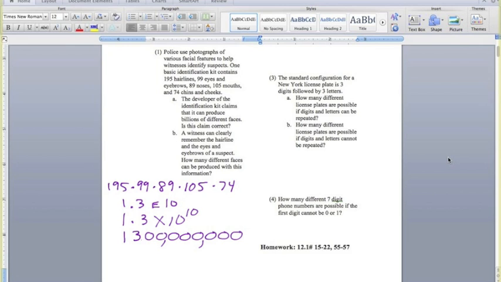So I move it once for the 3, and then 9 more times. So I get 9 zeros there.